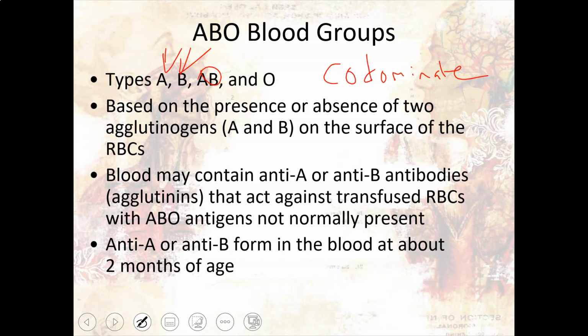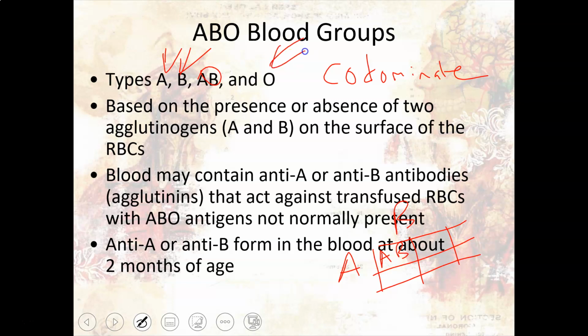So if you have a person who is type A and a person who is type B, you do a little square. At the very least, you can get one right there that's type AB.